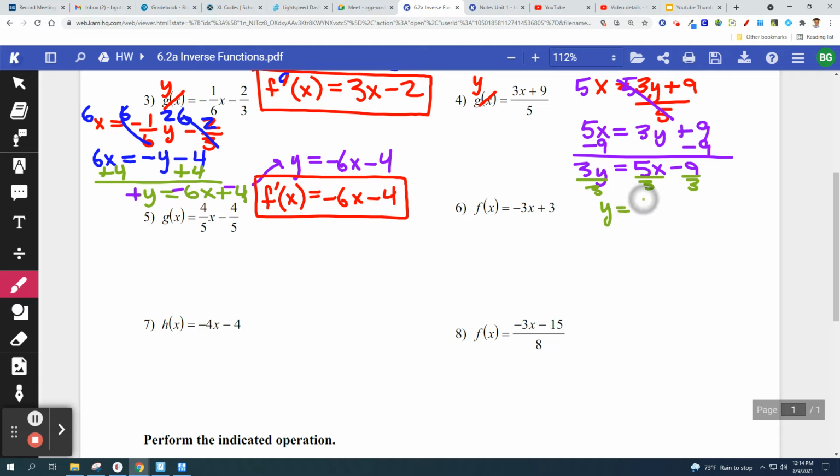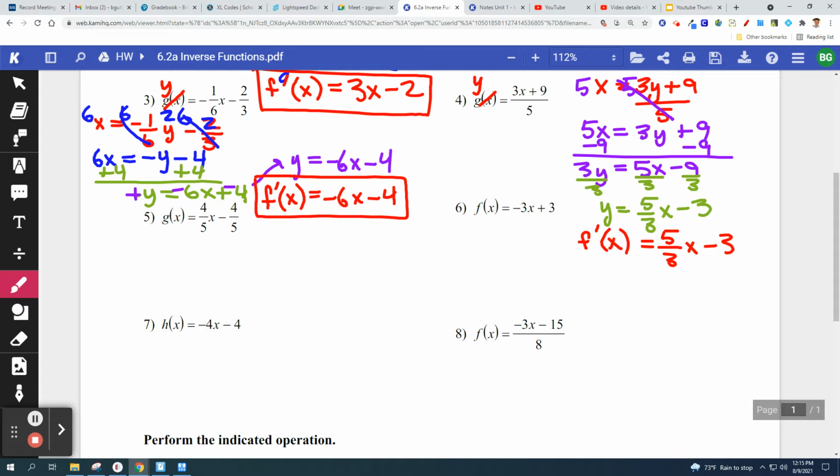Y equals 5/3 x minus 9 over 3 is 3. So I always reduce when I can. And that's the hard part. Last step, put it back in function notation. F prime of x equals 5/3 x minus 3.